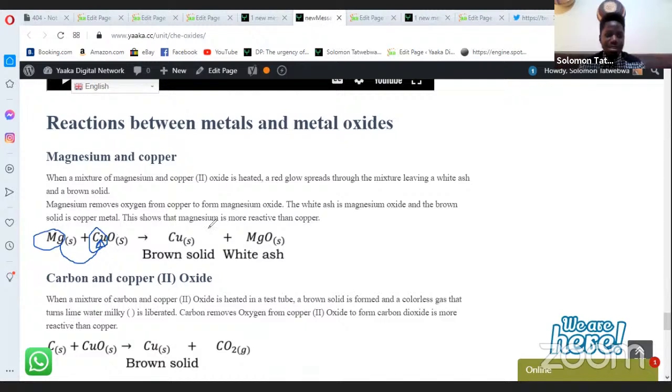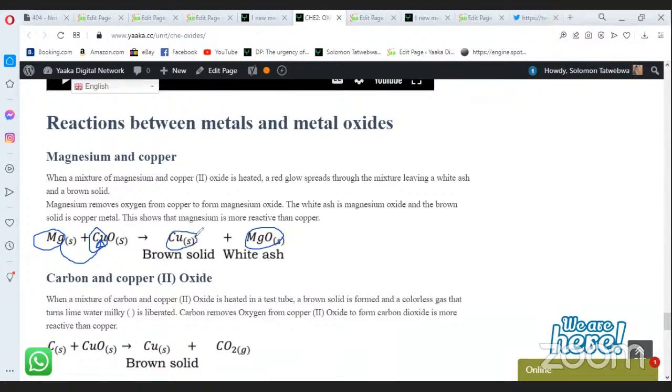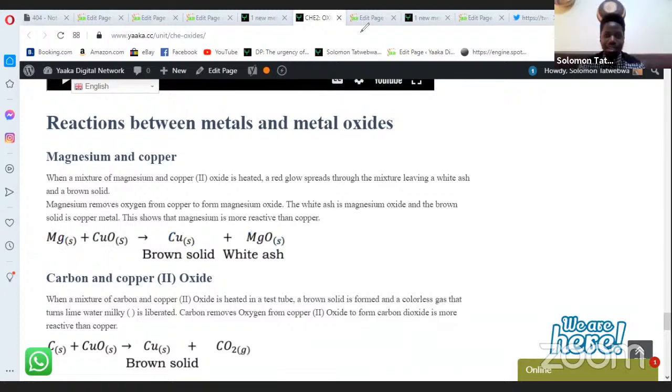The magnesium takes the oxygen because it is more reactive than copper, and then copper remains lonely with just copper metal. So the reaction here is displacement because of the difference in the reactivity series.